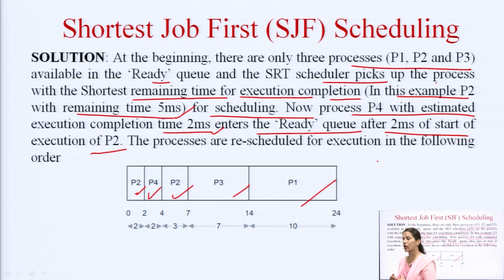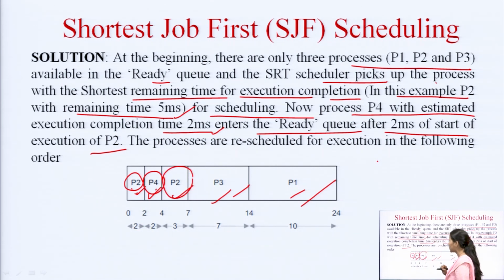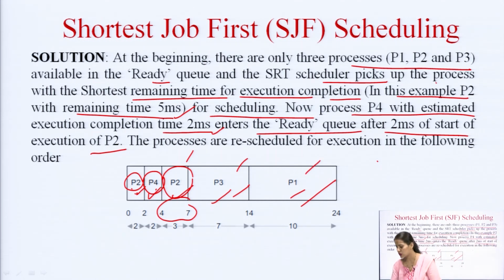So, P4 will be executed just before the completion of P2, P3 and P1. So, after 2 milliseconds of P2 execution, P4 will enter the queue, it will be executed, and then the rest of the P2 will be executed, because the leftover execution time for P2 is less than the execution time for P3 and P1. So, P2 will be completed first, then the CPU will be allotted to P3 and then P1. So, this is the scenario.